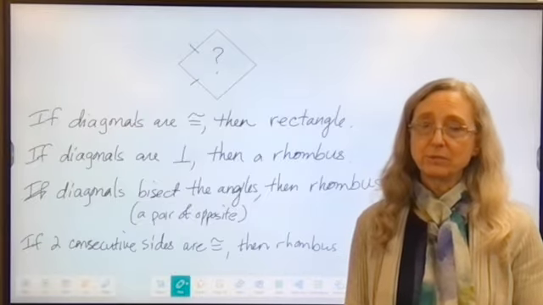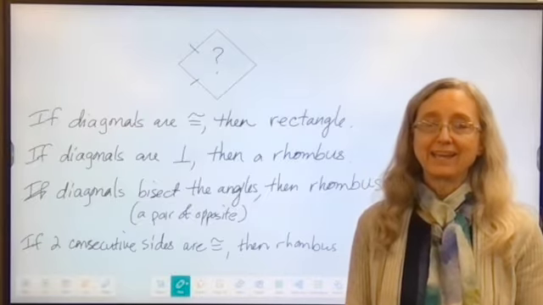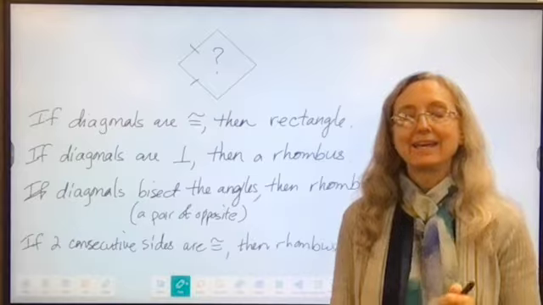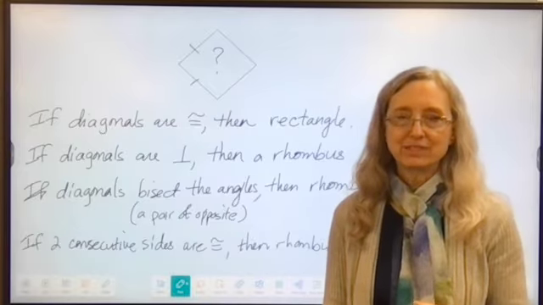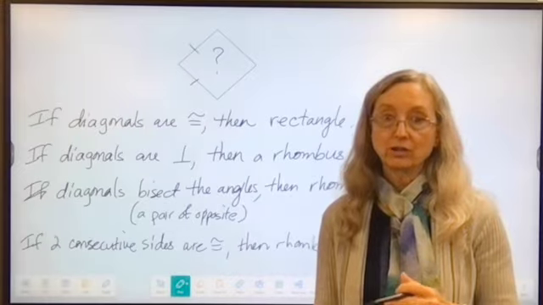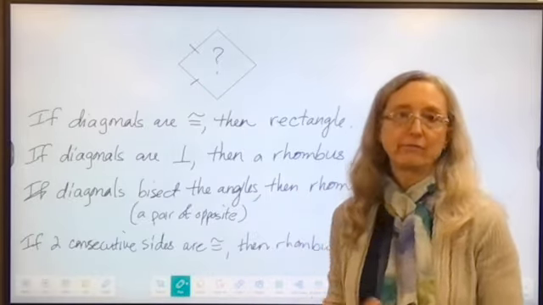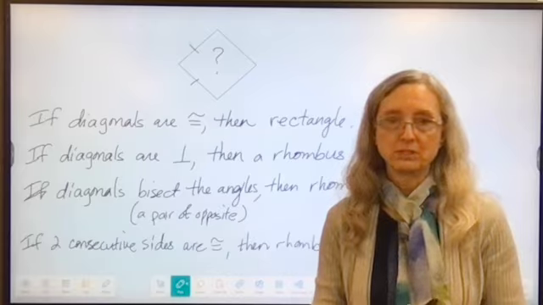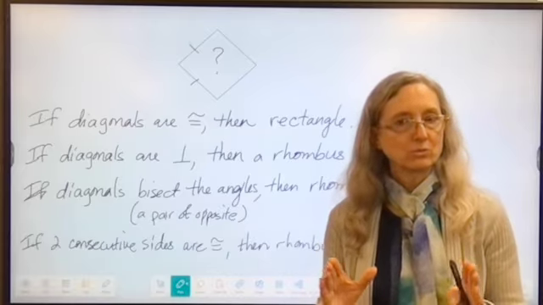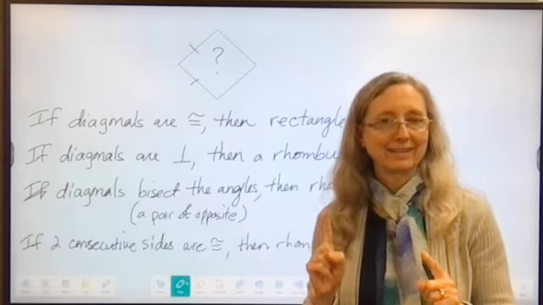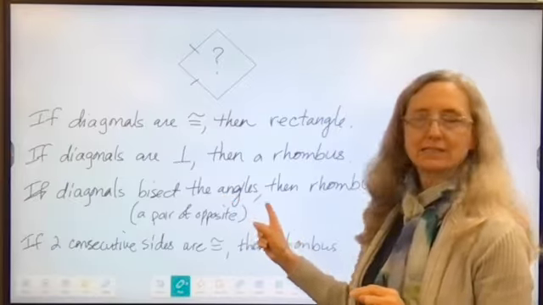If you know it's a parallelogram and we're not dealing with diagonals, you can tell from the sides. If I have two consecutive sides of a parallelogram that are congruent, then I know it's a rhombus. If two of them are the same, all four will be the same, and it will be a rhombus. You just have to make sure that you know it's a parallelogram and not a kite. Same thing here with bisecting the angles.